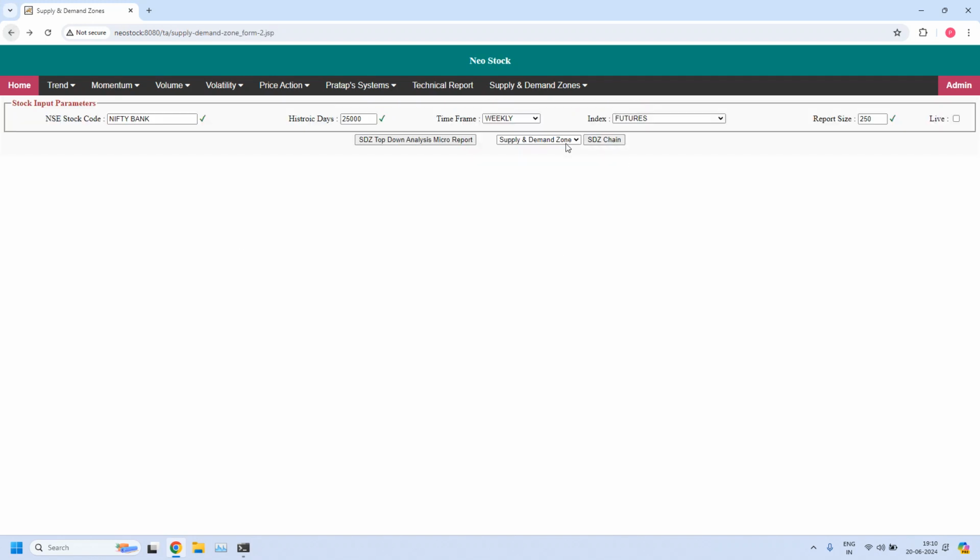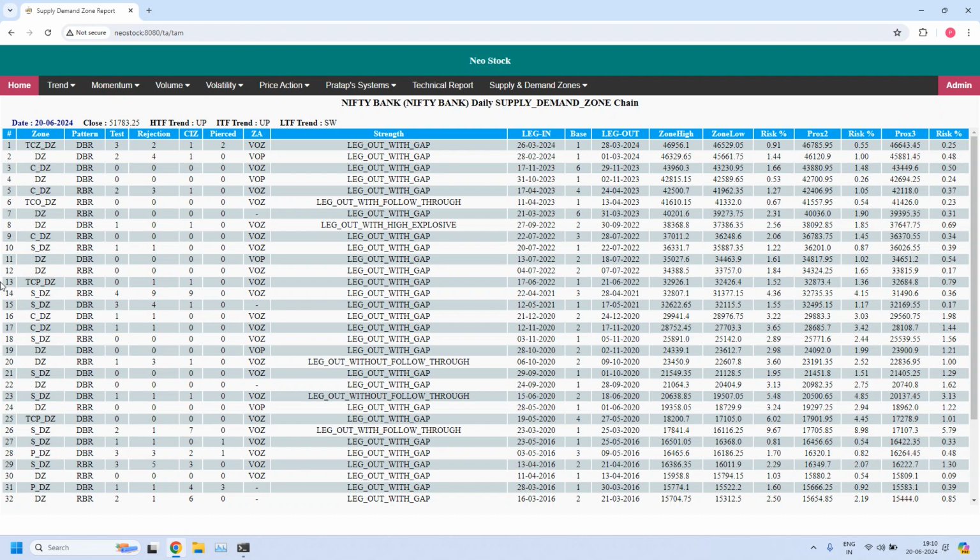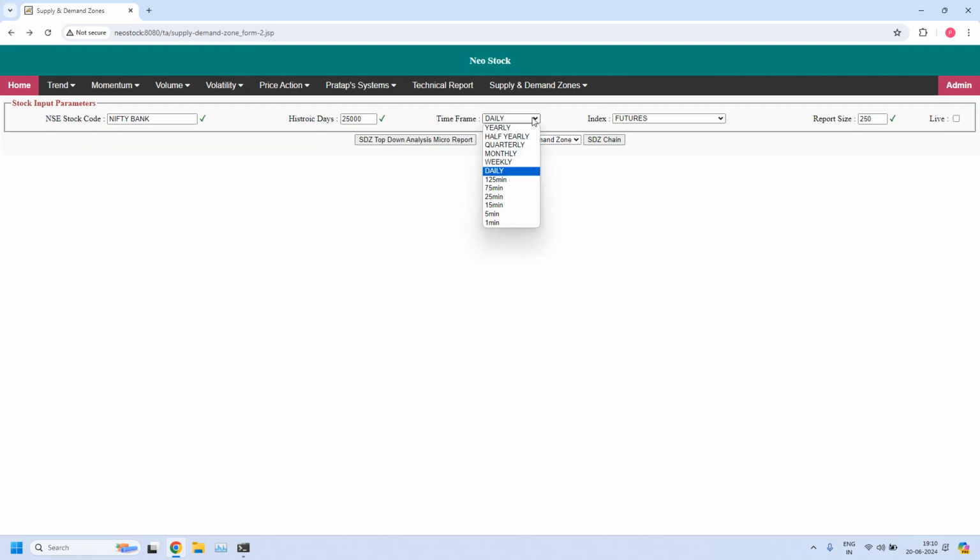So I'm going back, changing the time frame to daily. Let me generate the chain for daily. So again I'm going back and changing the time frame to 125 minutes time frame. Let me generate the chain.